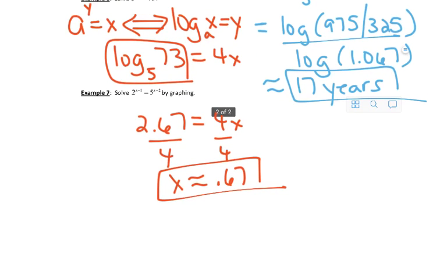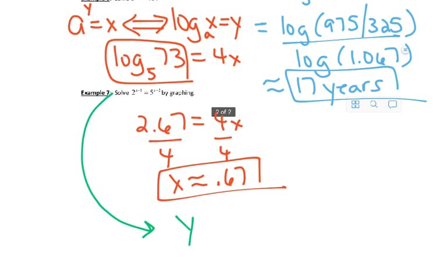The last problem, example 7, solve by graphing. This is a nice way of solving any equation that you're not sure how to do the algebra to get to the final answer. This problem can be done algebraically, but the algebra is really nasty.